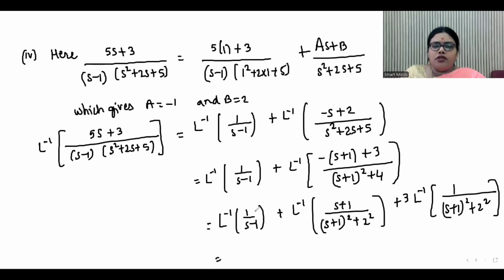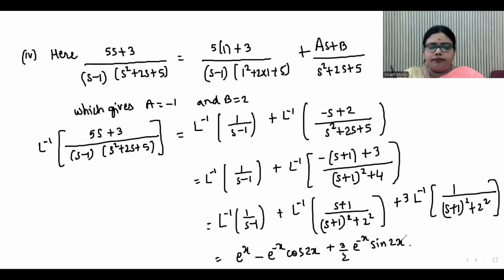That is L inverse of 1 by (s minus 1) is e power x, minus e power minus x cos 2x plus 3 by 2 e power minus x sin 2x. This is the final answer.